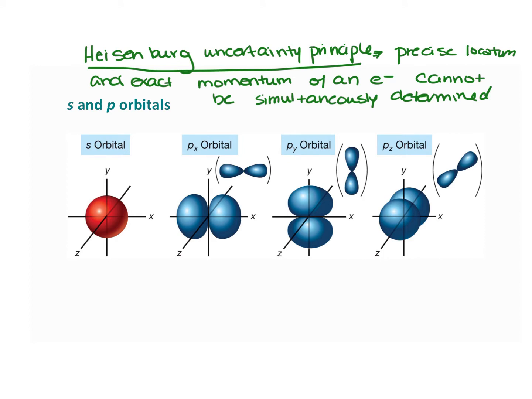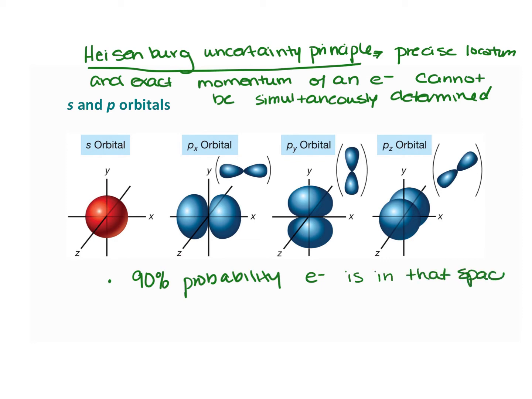What that leads us to is the development of orbitals, because what these atomic orbitals say to us is that there is a 90% probability the electron is in that space.